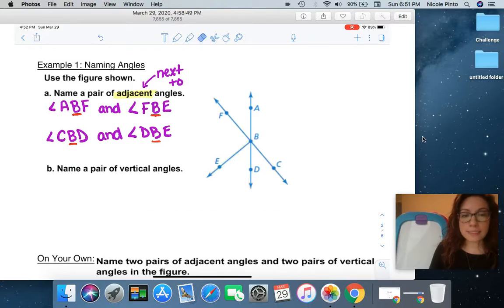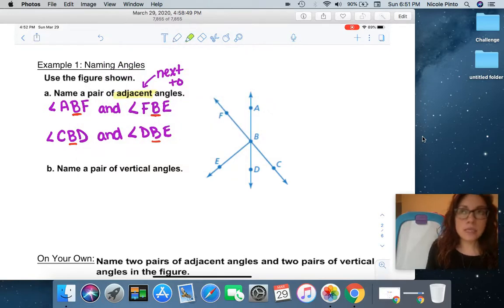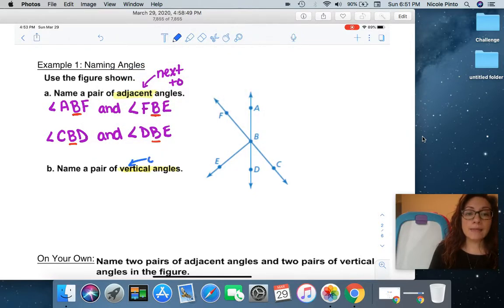Part B says name a pair of vertical angles. Okay, so let's think about vertical angles. Vertical angles, we were on opposite sides, okay, lados opuestos en la imagen. So first things first, I'm going to go ahead and pick an angle.